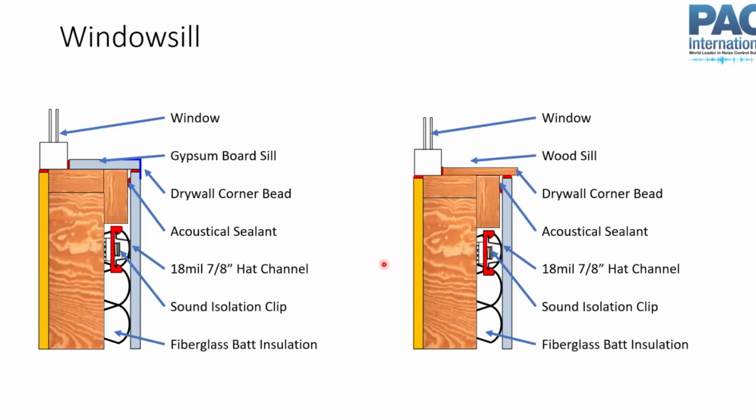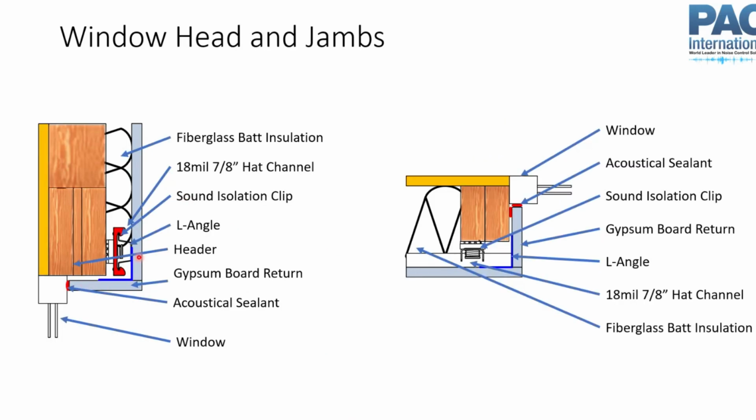but where a window gets trickier is at the sill, because at the head and jamb, we have this kind of floating drywall. We have some L angle here that's tied to our isolator and our hat channel here so that we can support this, provide some rigidity for this corner so it's not going to crack and things like that.